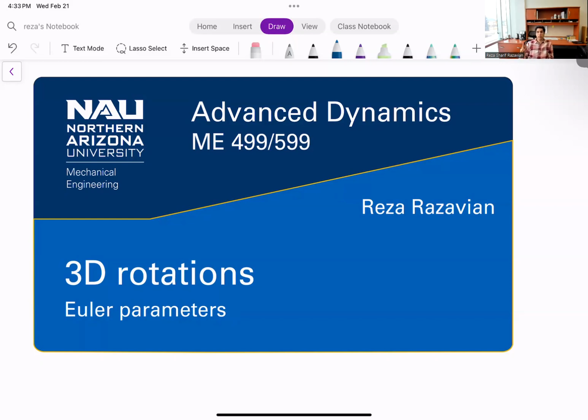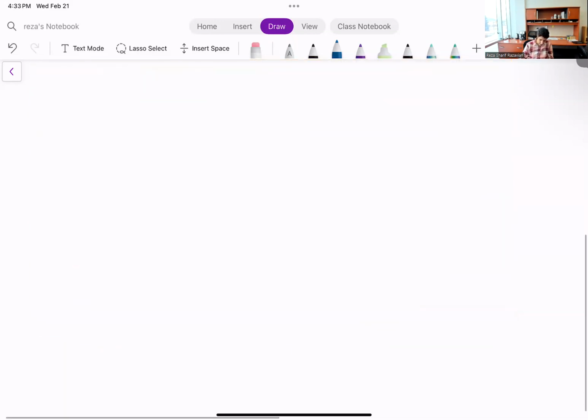This video is about a slightly different version of the four-parameter description, also the work of Euler, called Euler parameters. It is very similar in concept, except with slight mathematical differences that make it somewhat easier to work with, at least in computations.